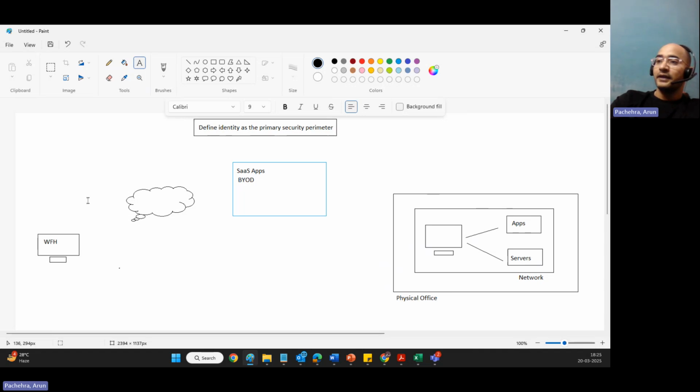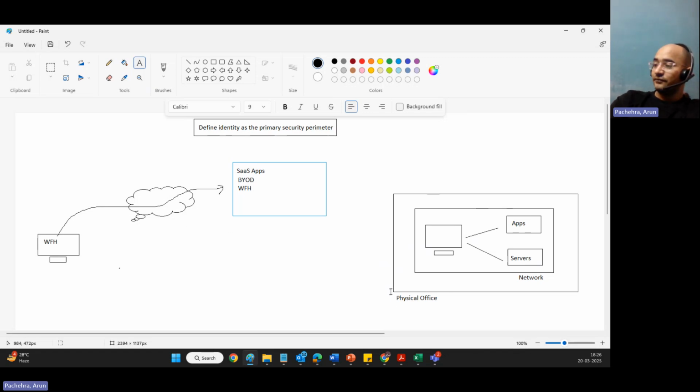So we can access our applications from wherever we are, from whatever device we are using, over the internet, because these are hosted in the cloud with proper security measures in place. We have IoT devices, right? So there are so many reasons this thing got developed.